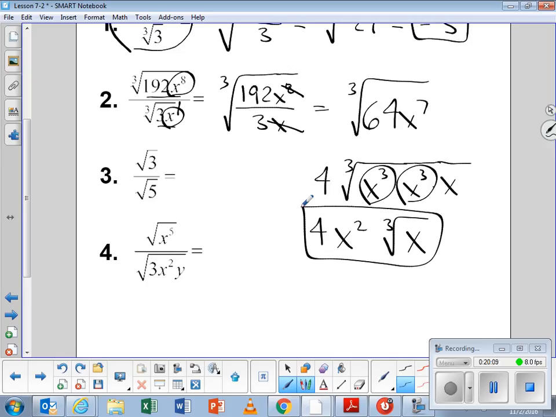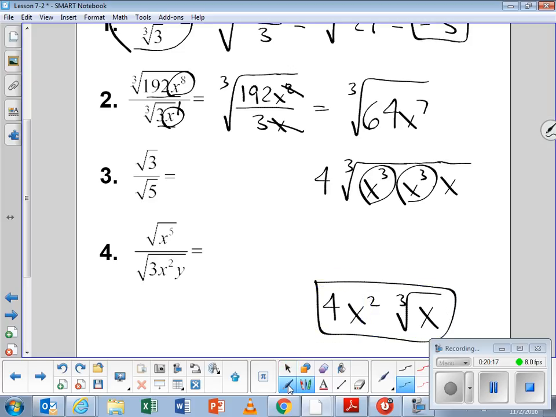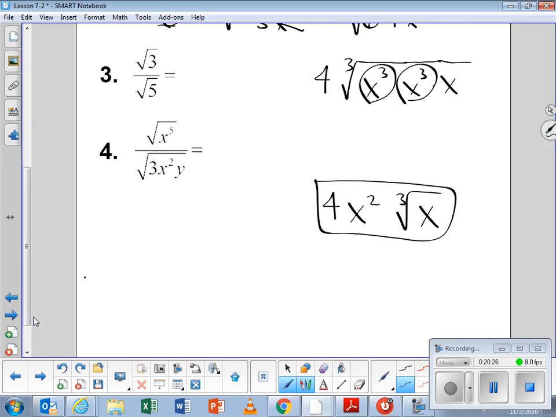How is it x squared again? That's the number 2, right? Oh, I get it now.